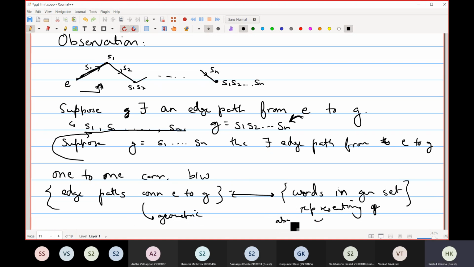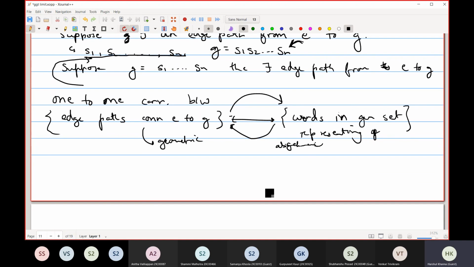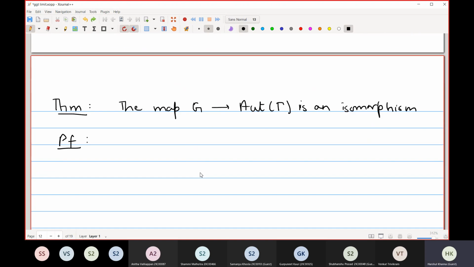This is your algebraic. So anytime we can go from here to here or here to here. And remember this one-to-one correspondence, we'll use it a lot.